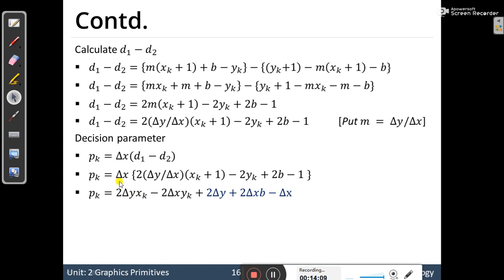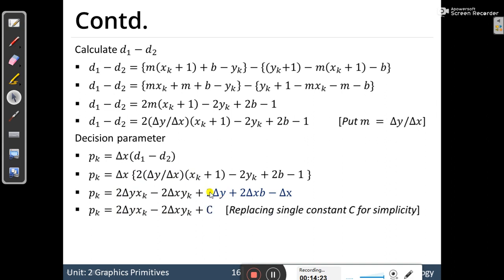Now del x cancels with the del x in the denominator, and del y remains, then we simplify that. This value is constant, because this difference will be constant for all the points to be plotted, and this del x will be constant, this is already the intersection point, this is also constant, so it is a single constant.